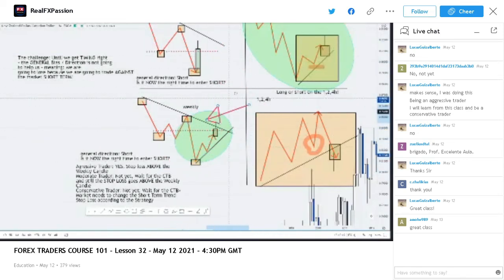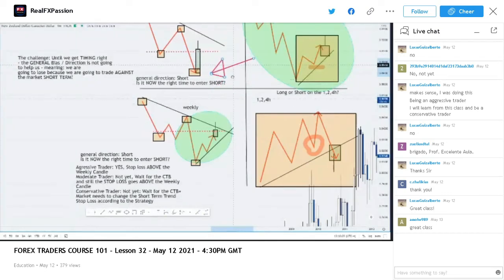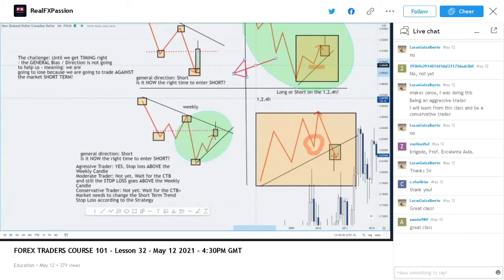Don't confuse the two, everybody. It's not the same. If you are thinking that everything is the same, this is why you are losing pips and money. It's exactly the opposite. It has a big difference on timing, right? Oh, but if the weekly is going to drop, the monthly is going to drop too.